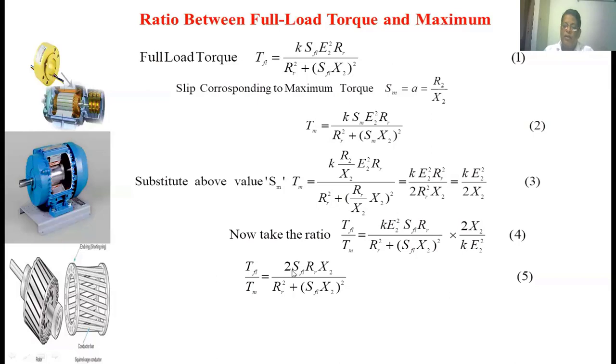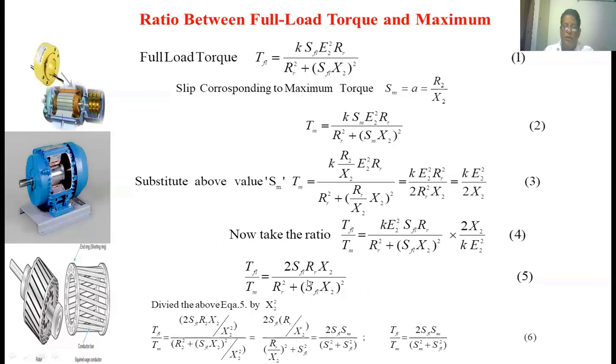So we have 2 SFL RR X2 divided by RR square plus SFL X2 whole square. Now divide the numerator and denominator by X2 square. So here we are getting the numerator 2 SFL RR by X2, divided by RR by X2 whole square plus SFL whole square.